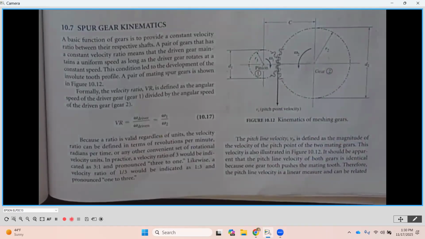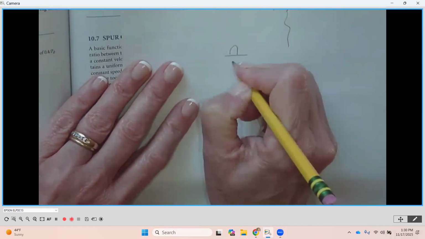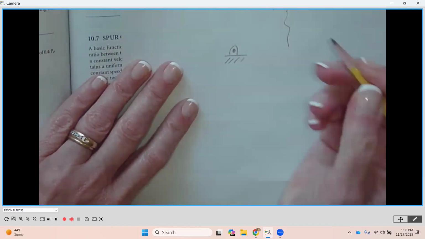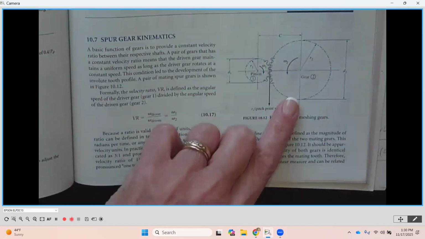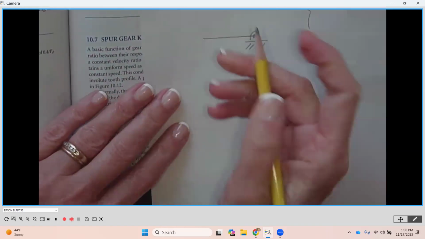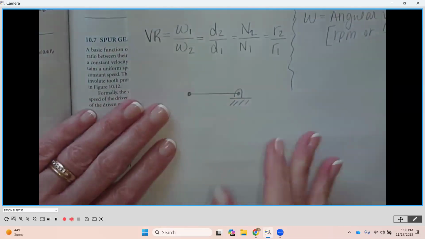Now, let's look at this because some of it looks familiar, but it's really a reapplication of what we saw previously. So for instance, I'm going to draw down here a frame member. And I'm going to draw a radius, and it's going to mimic our gear right here. I'm going to draw a radius to where that pitch diameter is.